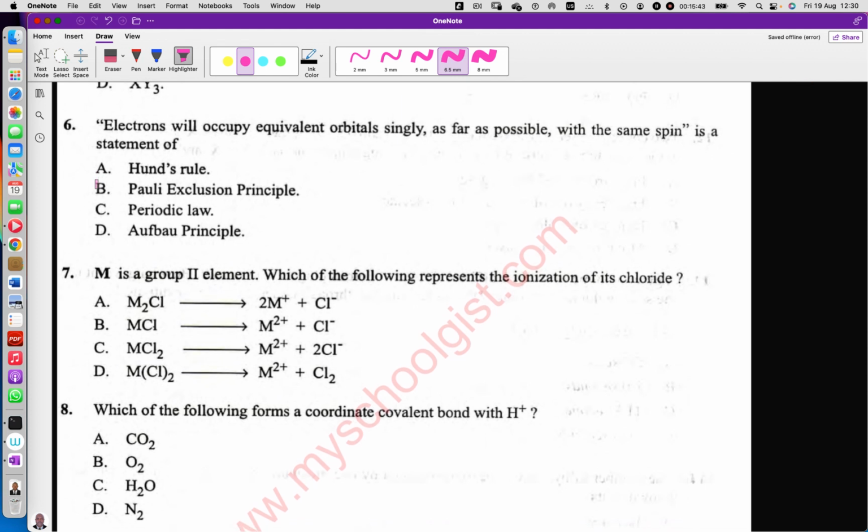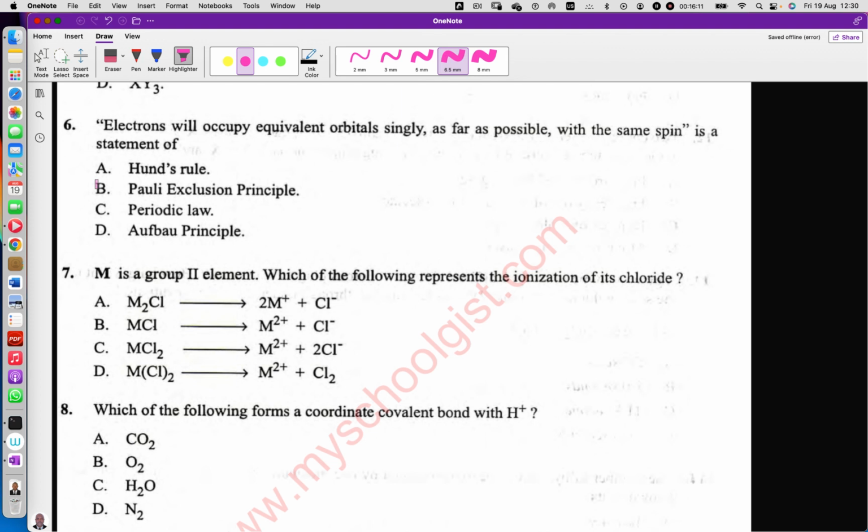Electrons will occupy equivalent orbitals singly as far as possible with the same spin. That is, if they are singly occupying an orbital, they will be spinning upward.